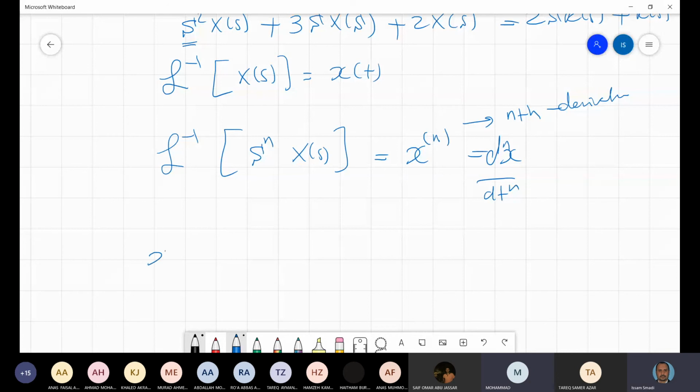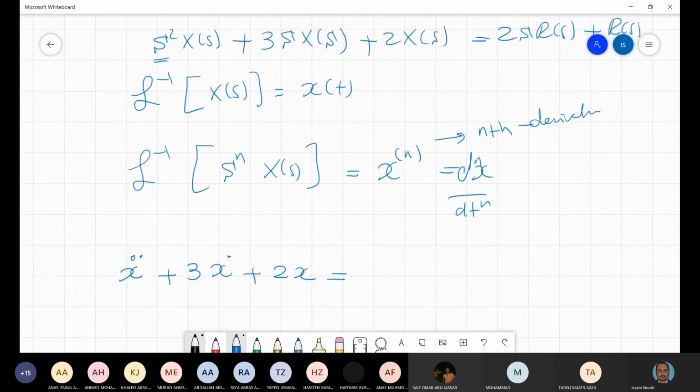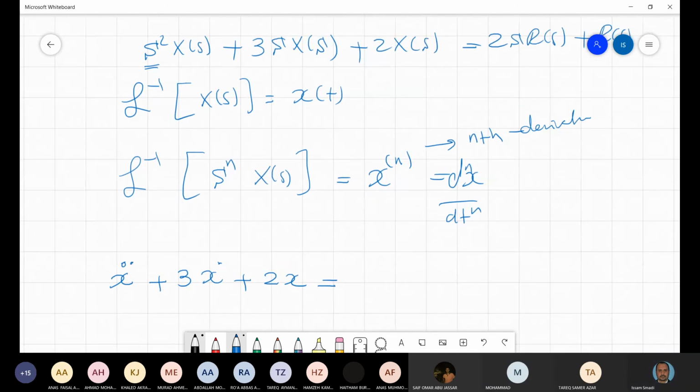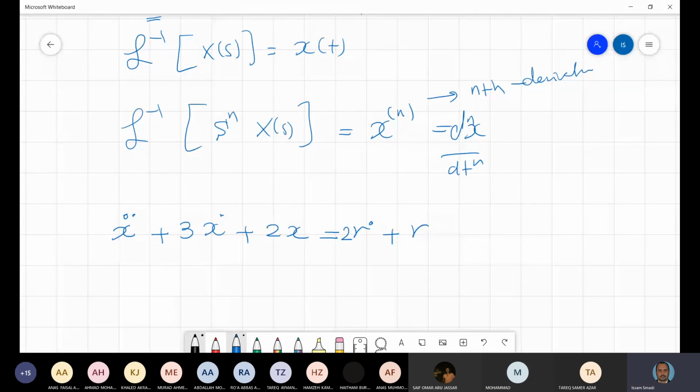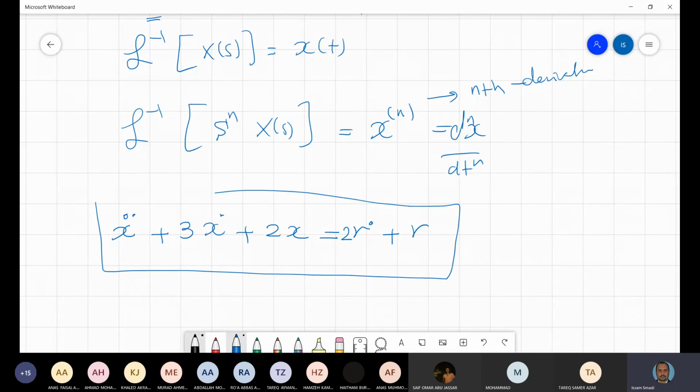So this will be x double dot plus 3 x dot plus 2 x equal to r dot multiplied by the 1, correct? Plus r. So this is actually an ordinary differential equation represented in time domain.